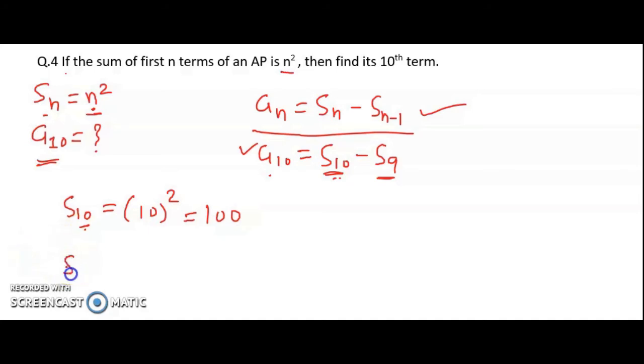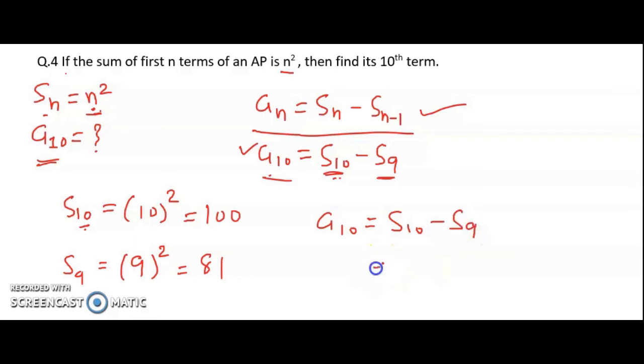And in the same way, for the 9th term, it becomes 9 square, that will be 81. So put this value in this formula: A10 equal to S10 minus S9. S10 is 100 minus S9 is 81. So we get the 10th term of an AP equal to 19. Okay.